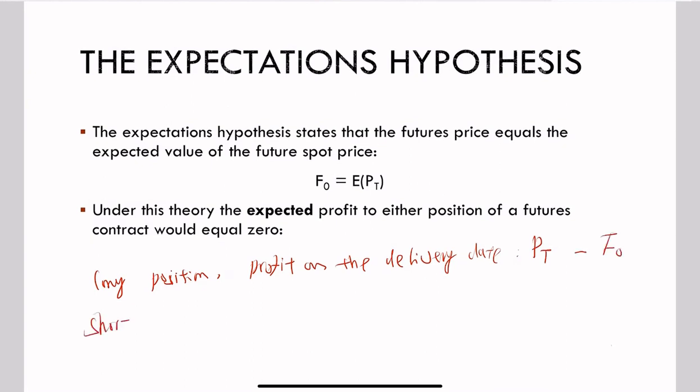If you're taking a short position, your profit on the delivery date will be the negative of the profit from the long position, so it should be F0 minus PT. Now you can see that your expected profit would be given by E(PT) minus F0, and if you're in a short position, it should be F0 minus E(PT). I forgot to mention that E is just expectation.